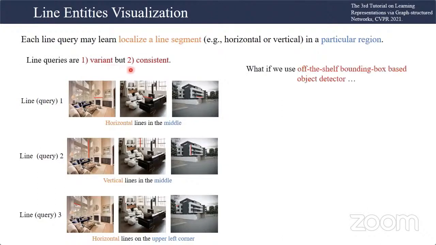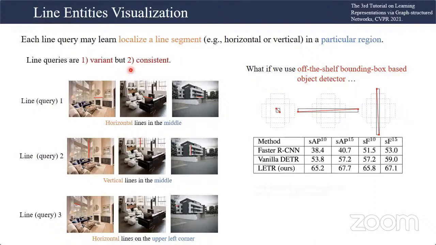We also show an ablation study if one would directly adopt Faster R-CNN and DETR to perform bounding box-based detection. LETR shows its advantage due to its direct endpoint loss. So the Faster R-CNN here treats each line segment as an object. And the vanilla DETR also uses bounding box representation, and we apply it directly to detecting line segments.